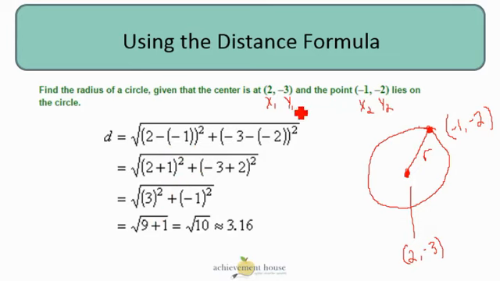And then y2 and y1, put them respectively where they go. So -3 minus a -2 is going to give you a -1 squared, which will give you 9 plus 1, which simplifies to the square root of 10. And if you did put that in your calculator, you get about 3.16 would be your radius.